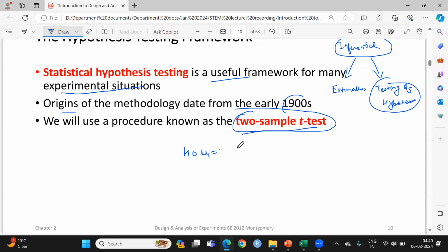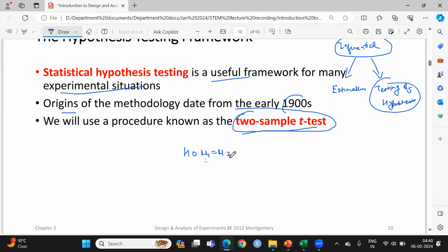The first criterion is that we are testing the means of two groups. I am assuming that mu1 represents the mean of the first population and mu2 represents the mean of the second population. Here, population means values corresponding to one variable, the variable for modified or unmodified, and the second one is vice versa.